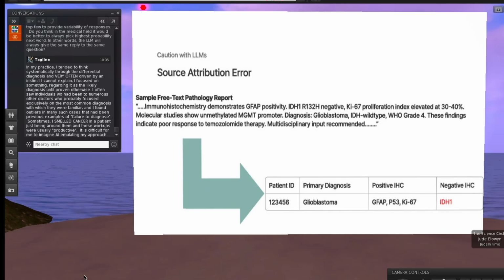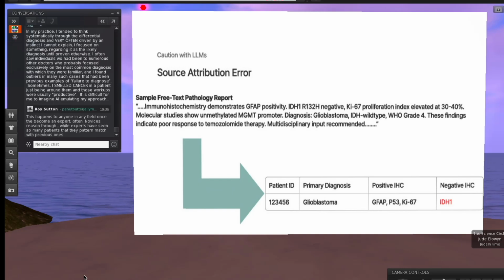The diagnosis is a glioblastoma, and the LLM is asked to extract information from the report. Now, with the new diagnosis of glioblastomas based on the World Health Organization guidelines, an IDH mutant brain tumor is not a glioblastoma.